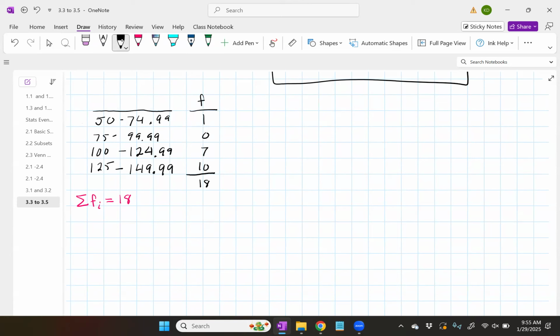So my first midpoint, take 50 plus 75, times 1/2. And we're going to do this for each category. You take the high value plus the low value divided by 2.